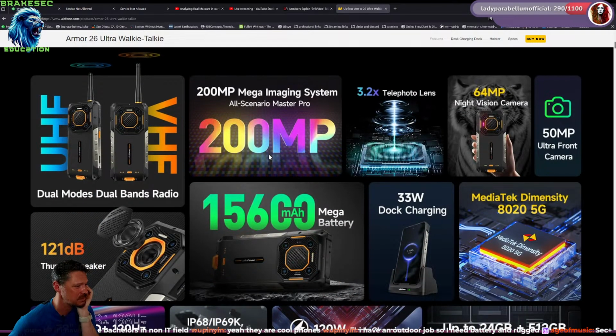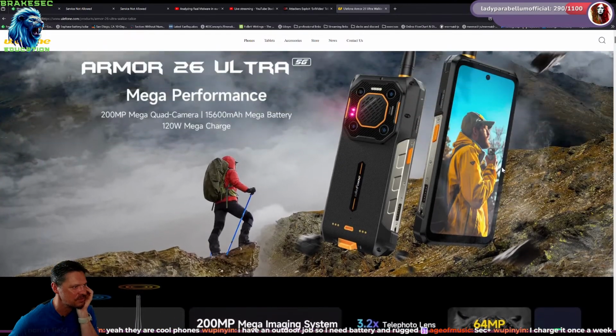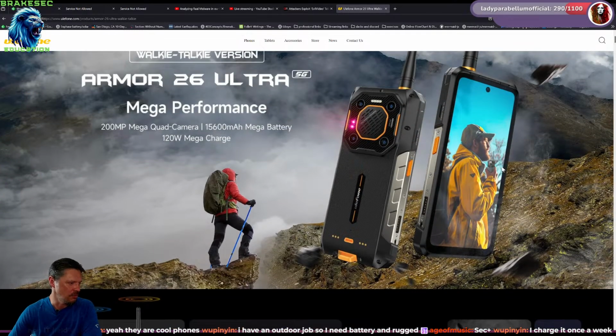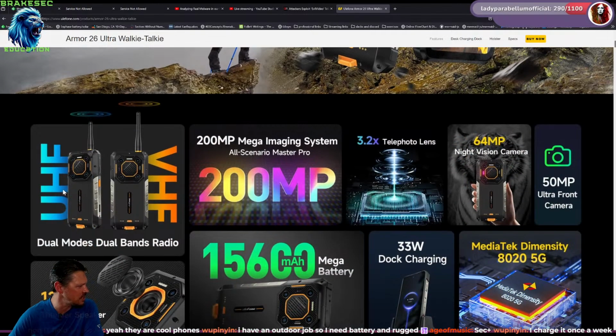Let's see, mega 33 watt charging, dock charging, MediaTek, charge it once a week. I see. I thought it might have satellite communications like an iPhone does, where if you needed to, you could turn it into a sat phone to be able to call for emergency purposes. Has UHF and VHF band radio. Well, that almost works like a long-range walkie-talkie, so that might be pretty cool.